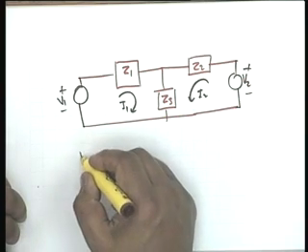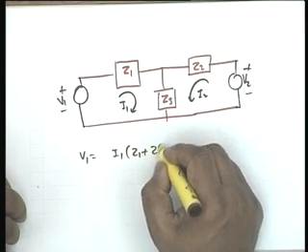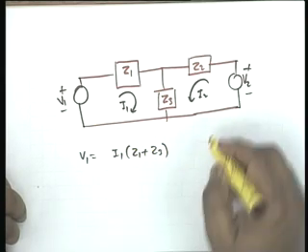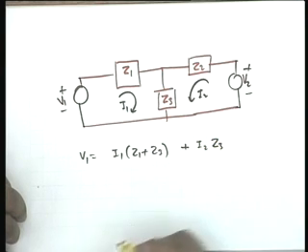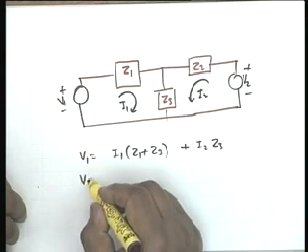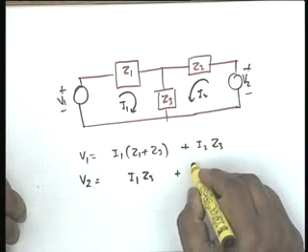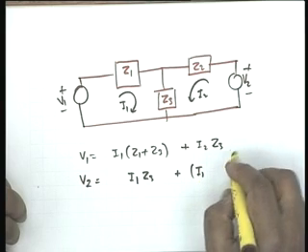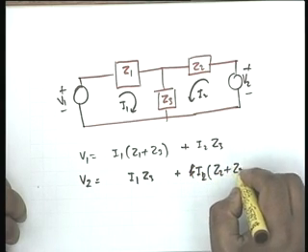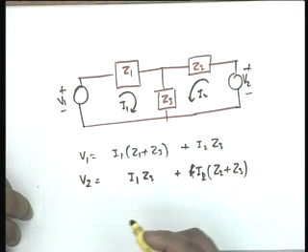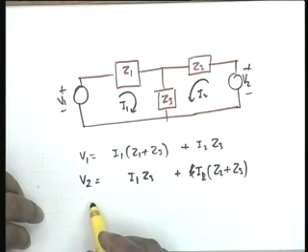Let us do it. V1 equal to I1 (Z1 plus Z3) self impedance plus I2 Z3 mutual impedance. V2 equals I1 Z3 plus I2 (Z2 plus Z3). So, from which I have to solve for I1 and I2.